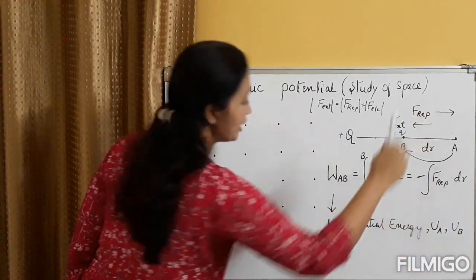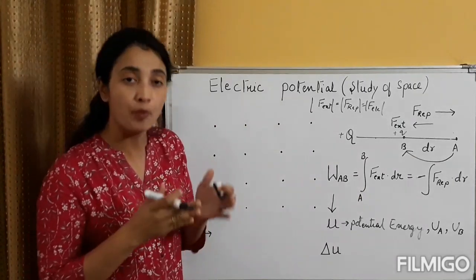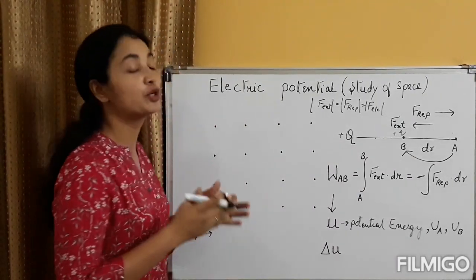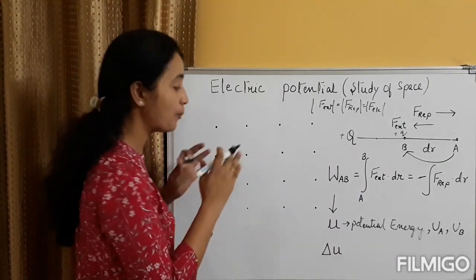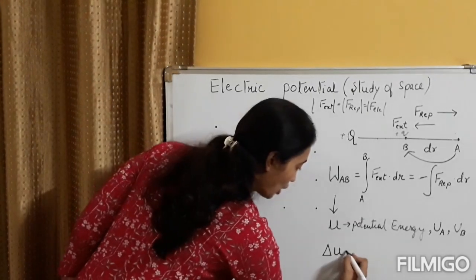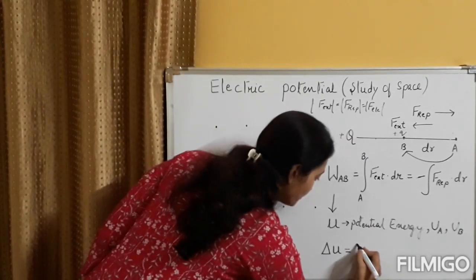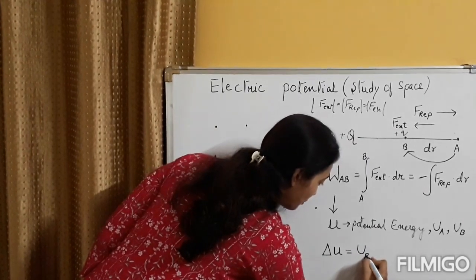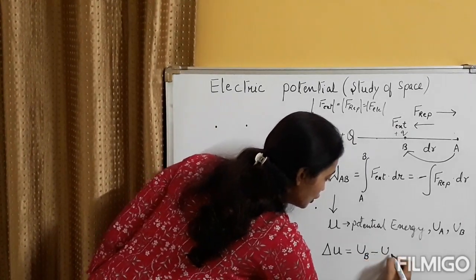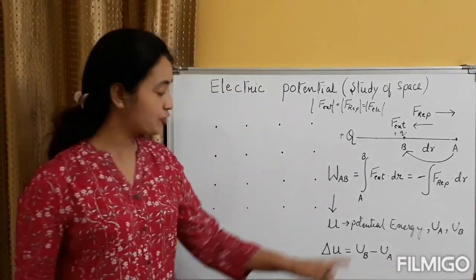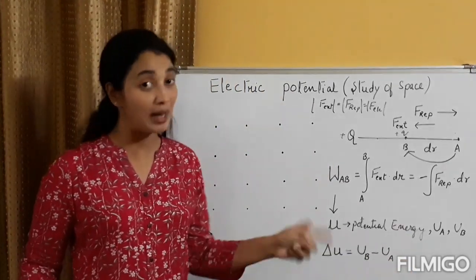UA is the potential energy which the charge is having at the point A. UB is the potential energy which the charge is having at the point B. Now if I talk about the potential energy difference, then of course the potential energy difference will be UB minus UA. Why have I taken UB minus UA, not UA minus UB?